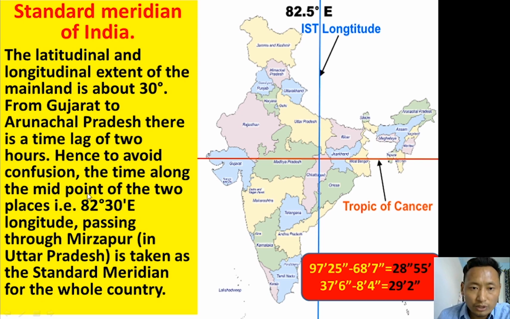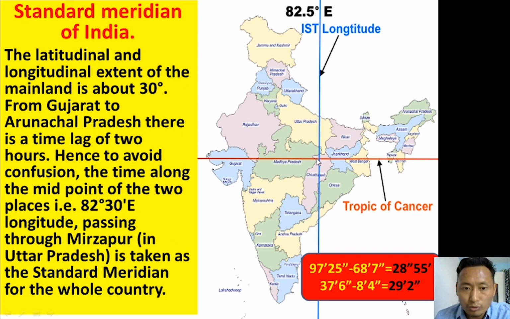This is the midpoint of these two longitudes. This particular longitude passes through a city in Uttar Pradesh called Mirzapur. So Indian Standard Time is based on this longitude.